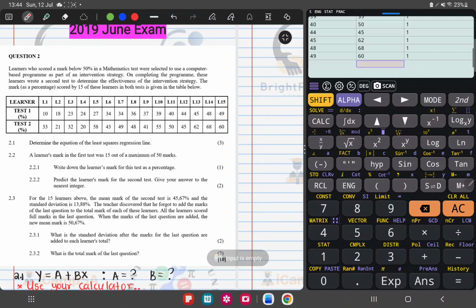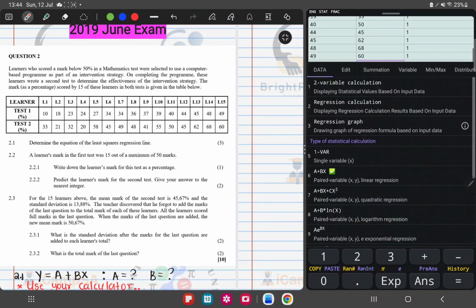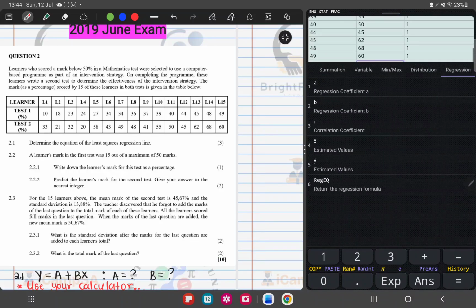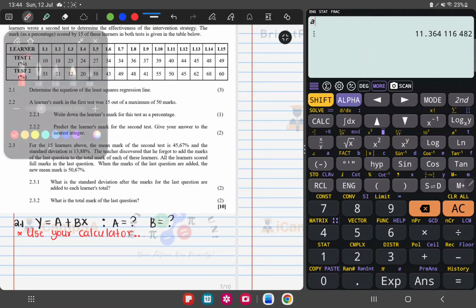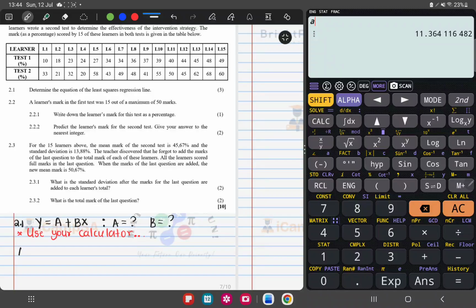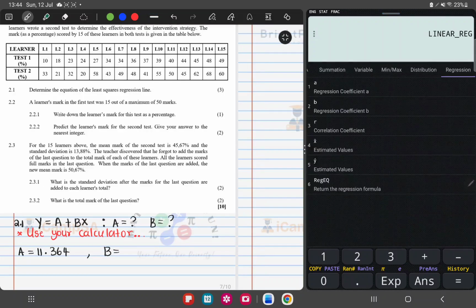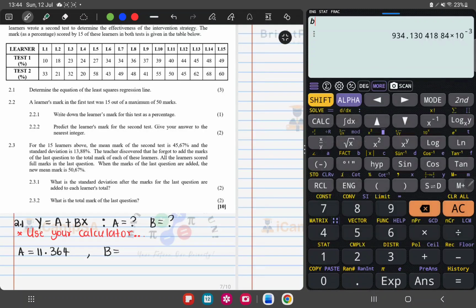So I can now go ahead and read the value of A. I hope it's not going to clear my table. Okay, did not. So if you look carefully, we have found the value of A. So the value of A is 11.364, I'll just make it 3 decimal places. Okay, then let's find the value for B. Shift 1 and then B is that.